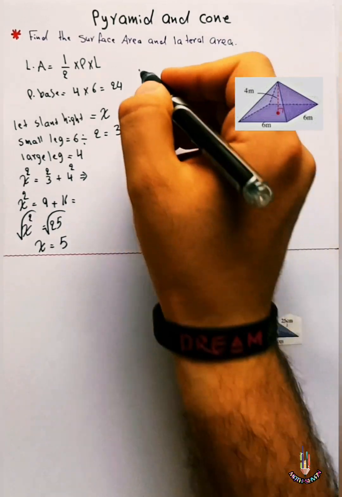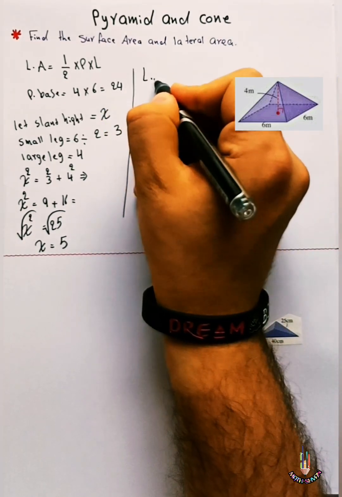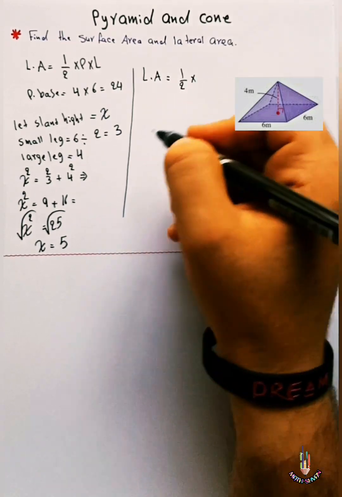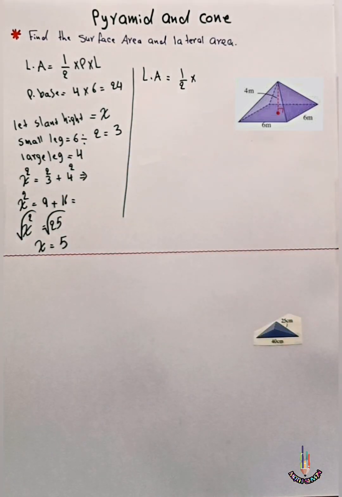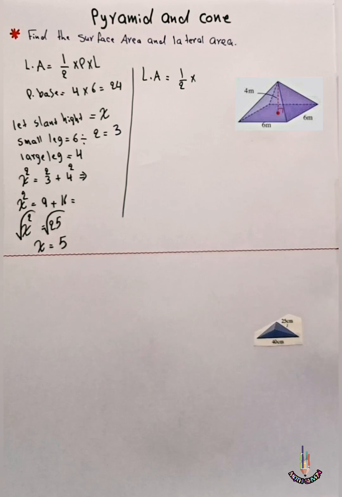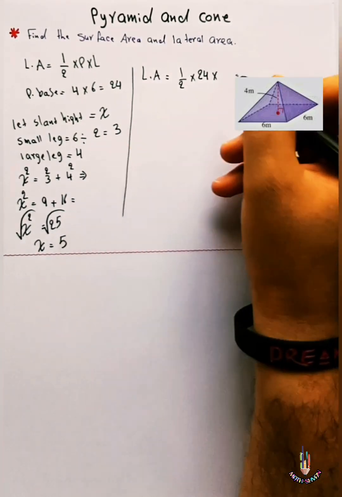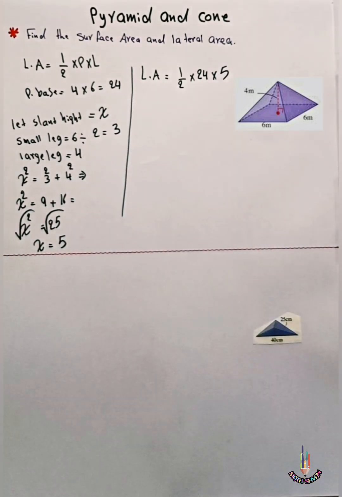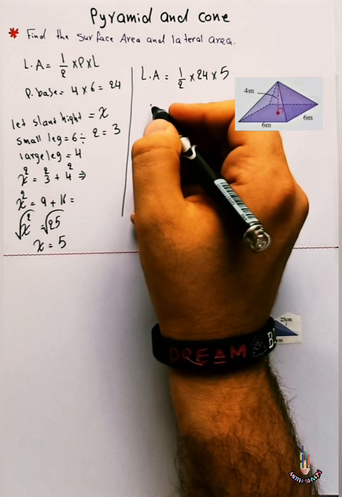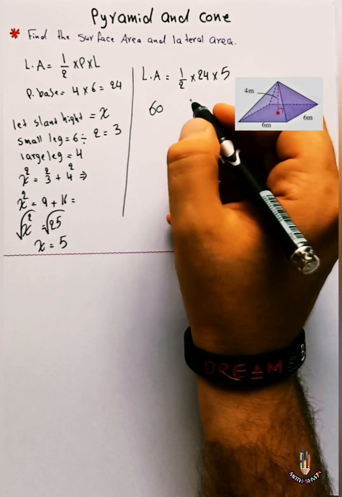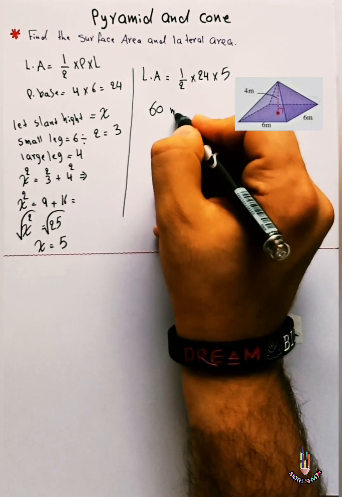After that, lateral area equals 1/2 multiplied by the perimeter of the base, which is 24, multiplied by the slant height, which is 5, and then the product is 60. So the lateral area is 60 centimeters square.